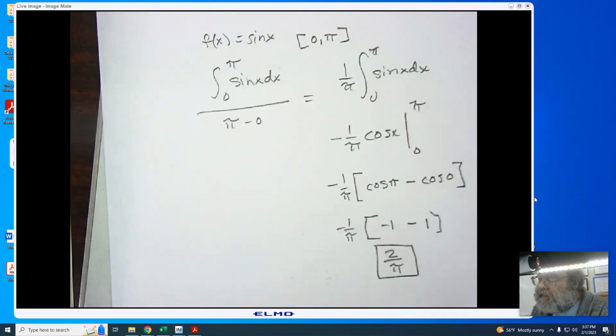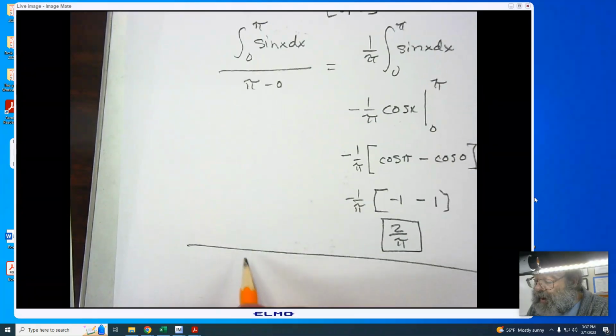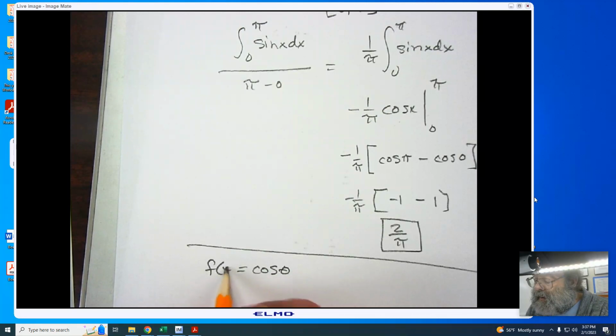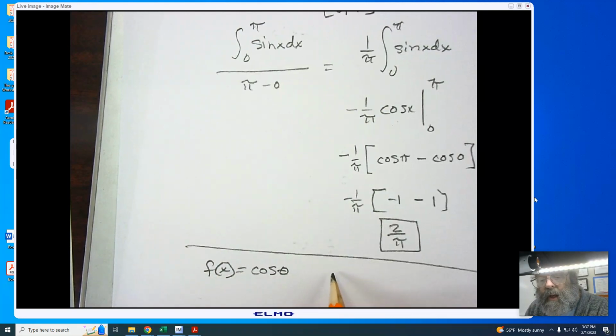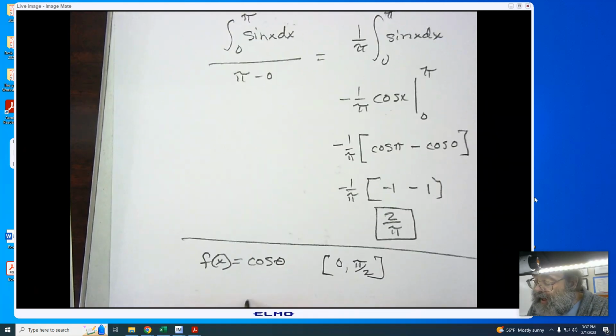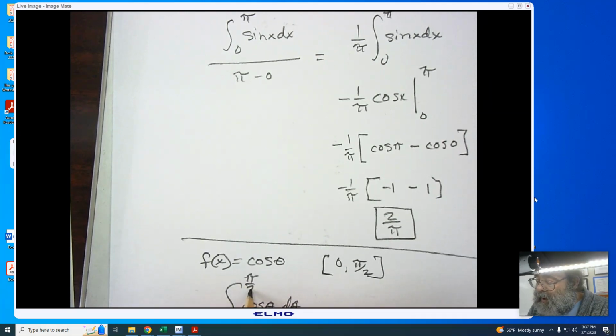Number 6. Number 6 is working with the cosine of theta. That's our f of x. And I'm working with 0 to pi over 2. I'm now going to go ahead and set it up as the cosine of theta, d theta, integrated 0 to pi over 2, and I have pi over 2 minus 0.